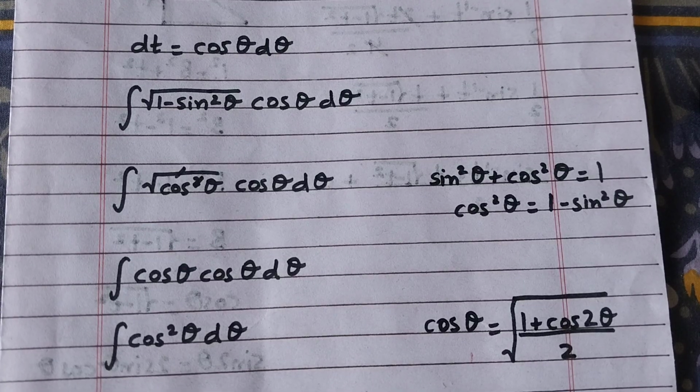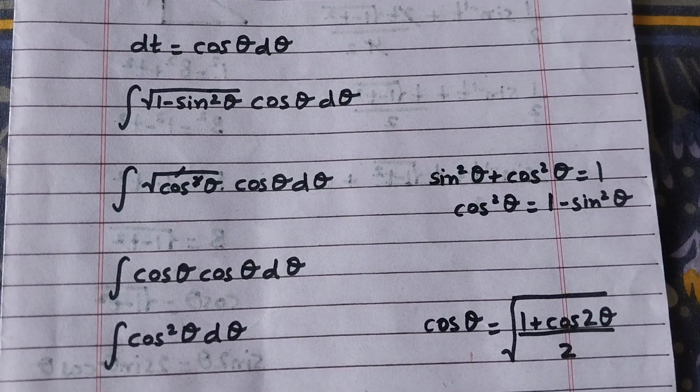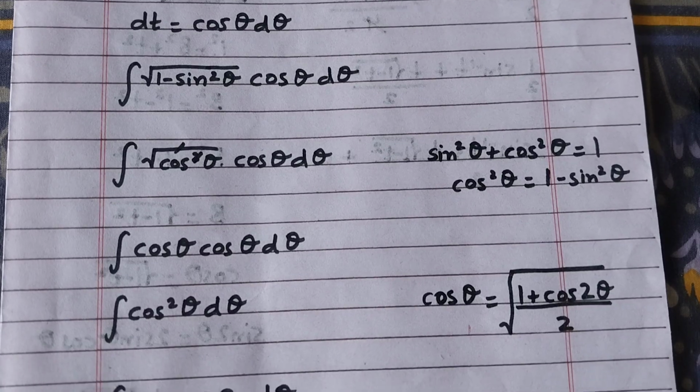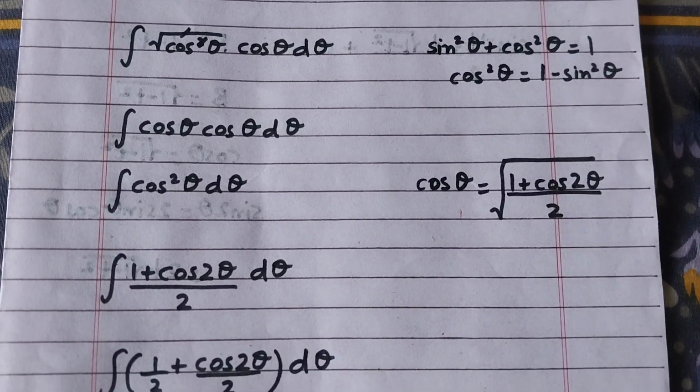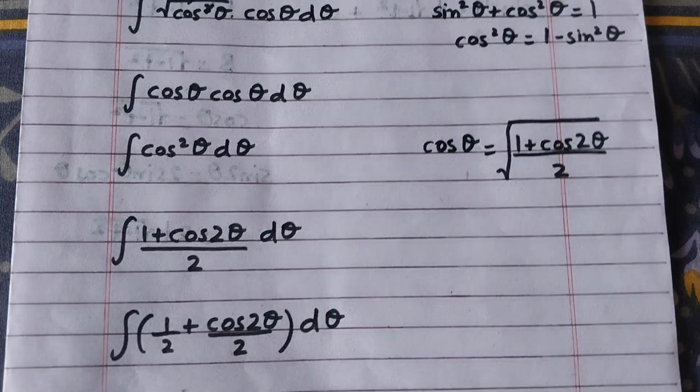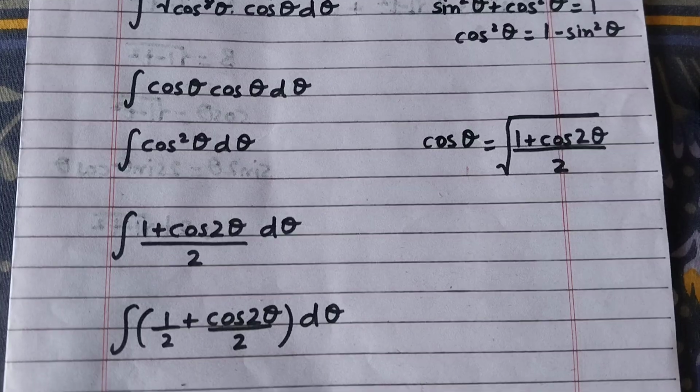So from this identity we can see that cos square theta is just 1 plus cos 2 theta over 2, because on the right hand side square and square root cancel out each other. So we can write cos square theta equal to 1 plus cos 2 theta over 2, and we can split this into 1 over 2 plus cos 2 theta over 2.